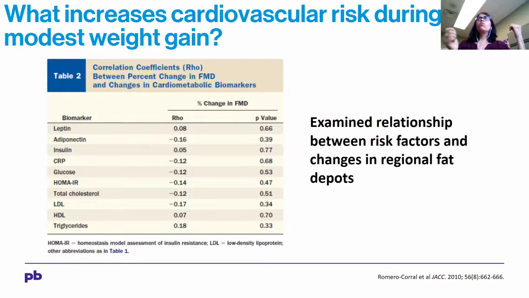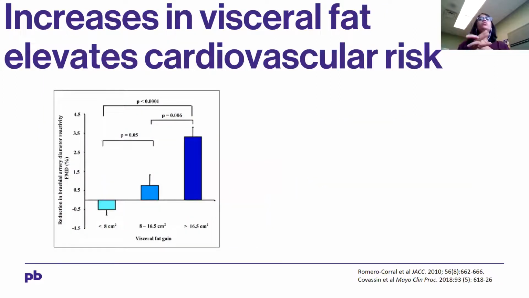So next, we examined the relationship between the risk factors and the changes in regional fat depots to see if that is something more important. And indeed, what we found was that increases in visceral fat were the main factor elevating the cardiovascular risk.